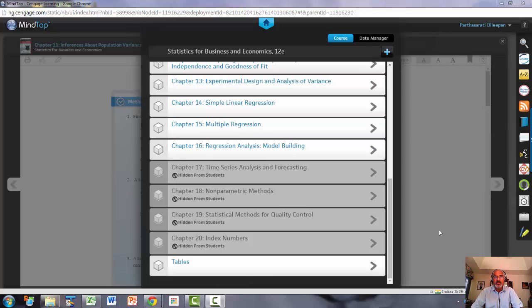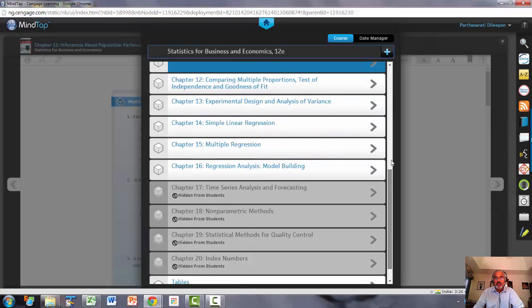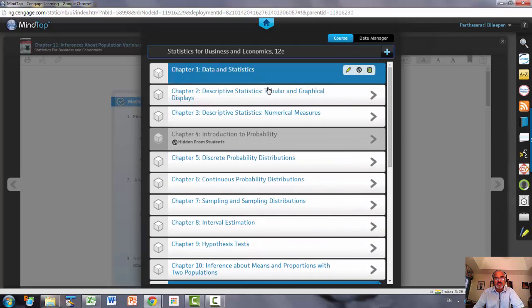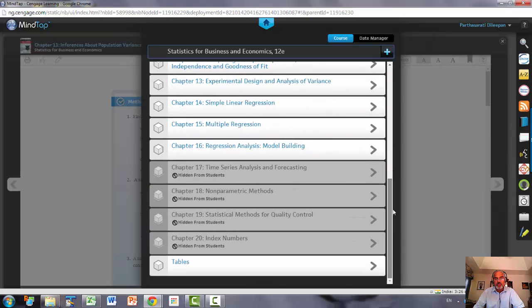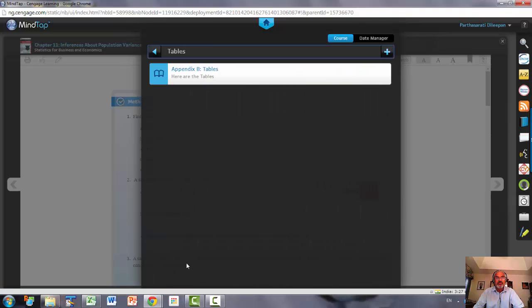So you have to be able to use the tables to find the chi-squared and F table values, and you can get to these tables in a couple of different ways. If you go to the main tab page where you have all the chapters, way at the bottom you have the tables tab, and all the tables are listed here.